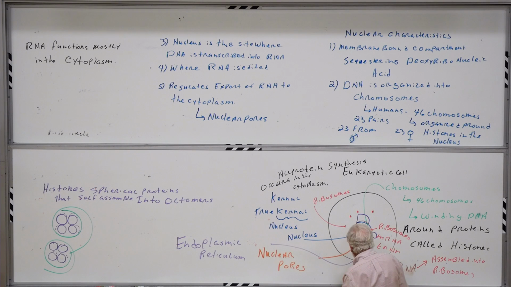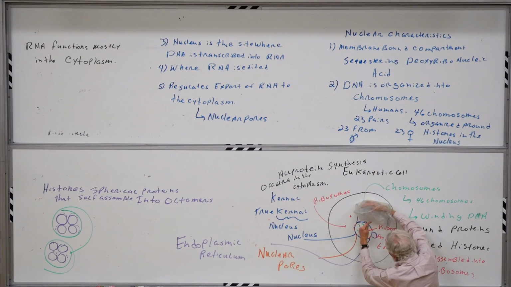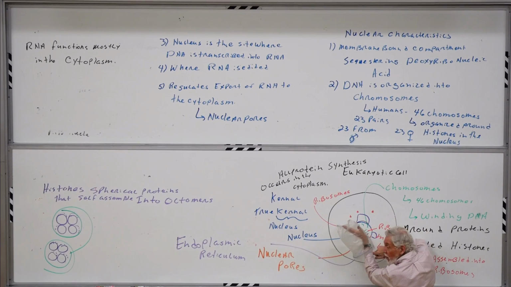But what I want to emphasize about the endoplasmic reticulum is that it's a membrane-bound bag within the cell. To envision that, imagine the endoplasmic reticulum as a kind of plastic bag. Imagine that one wall of the plastic bag is attached to the nuclear membrane, but the other wall of the plastic bag is out in the cytoplasm.